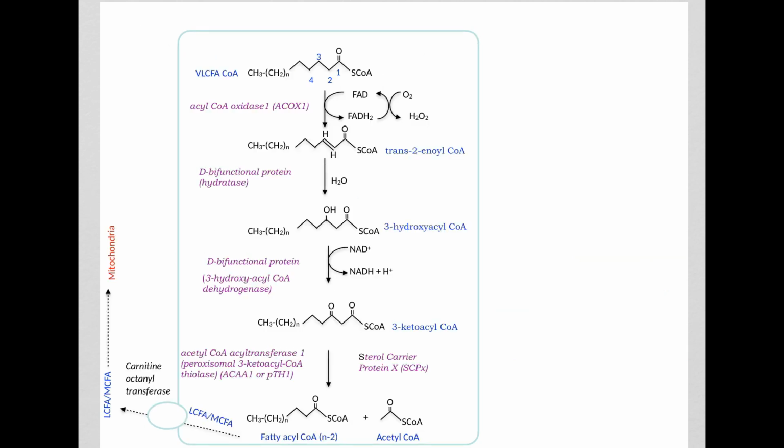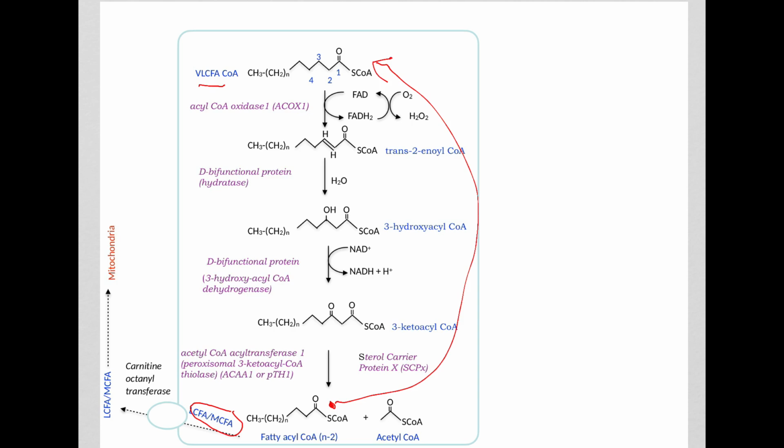In the case of very long chain fatty acids, the fatty acyl-CoA that is formed here will go back to the cycle and undergo another round of beta-oxidation, and this keeps on happening just like in mitochondria. But in peroxisomes, this beta-oxidation continues until the very long chain becomes either a long chain or a medium chain fatty acid.